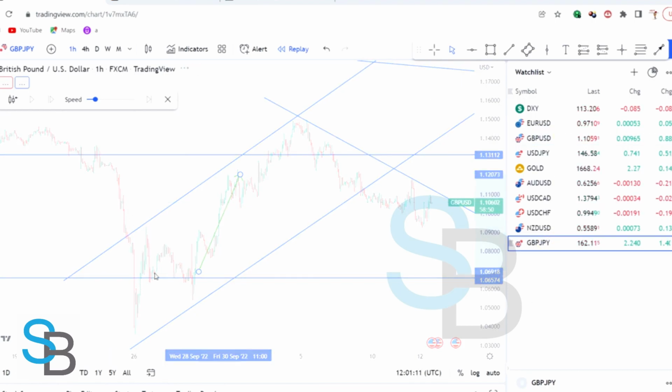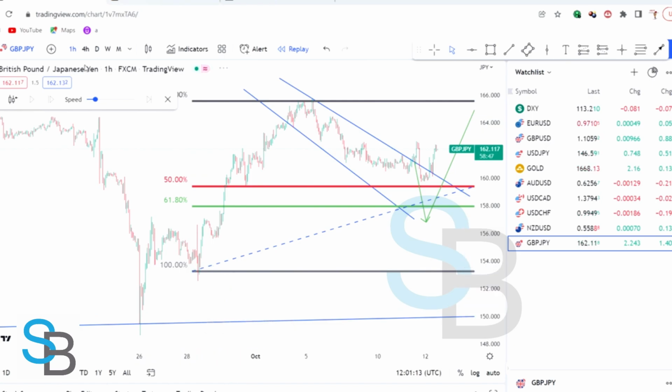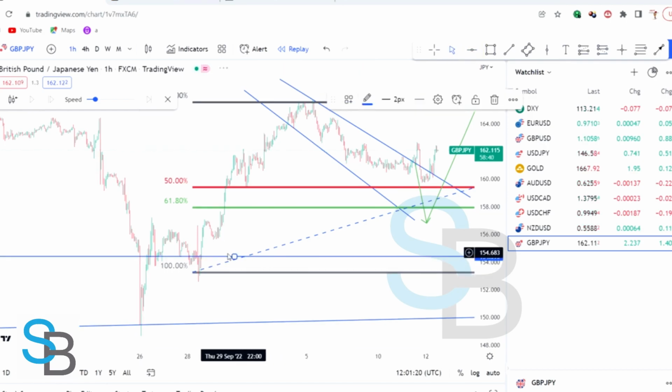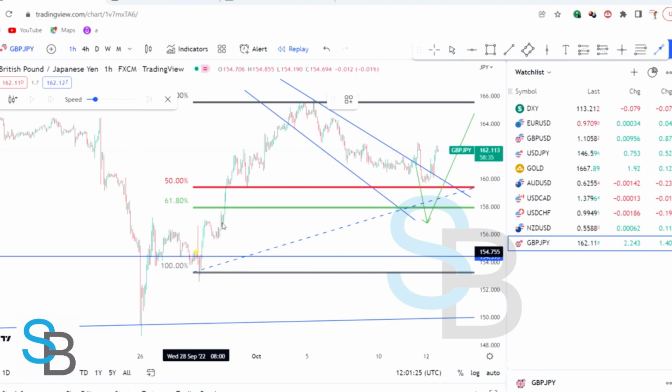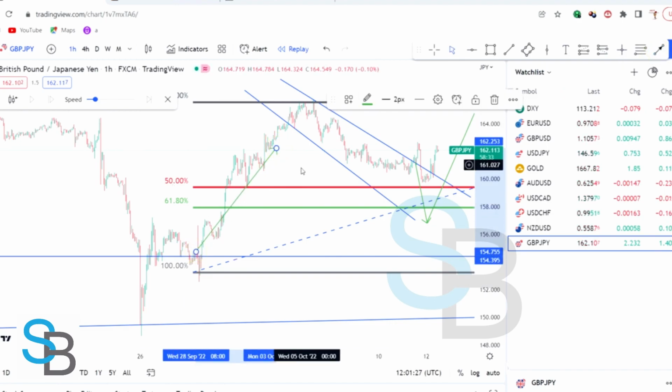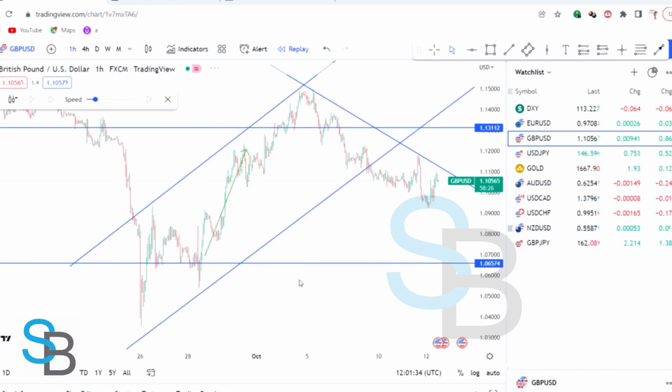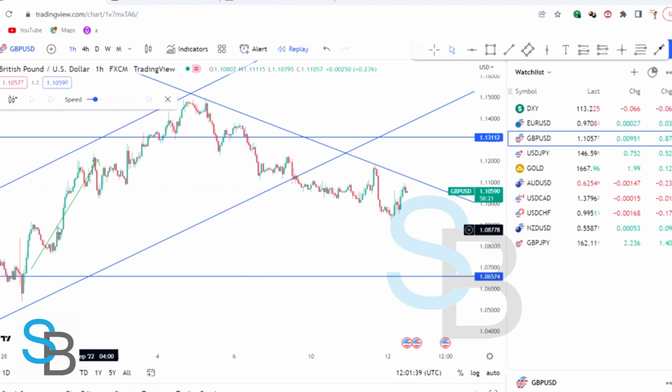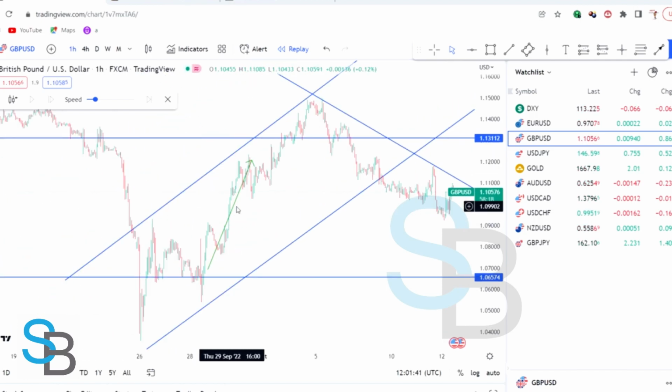And on GBP JPY, we also enter a trade here, at the same position, at the same level, hoping that it goes in our direction. So we risk 3% here and we risk 3% here. As you can see, the market actually went in our direction and we won both GBP USD and GBP JPY.